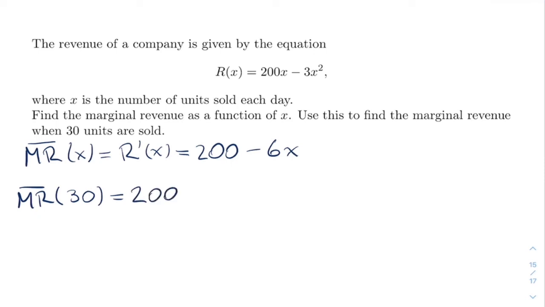So we will get that this is 200 minus 6 times 30, which is 200 minus 180, which is equal to 20. So the derivative now allows us to compute marginal revenues given a revenue function that is not linear. Now we can compute the marginal revenue when the revenue function is a polynomial.